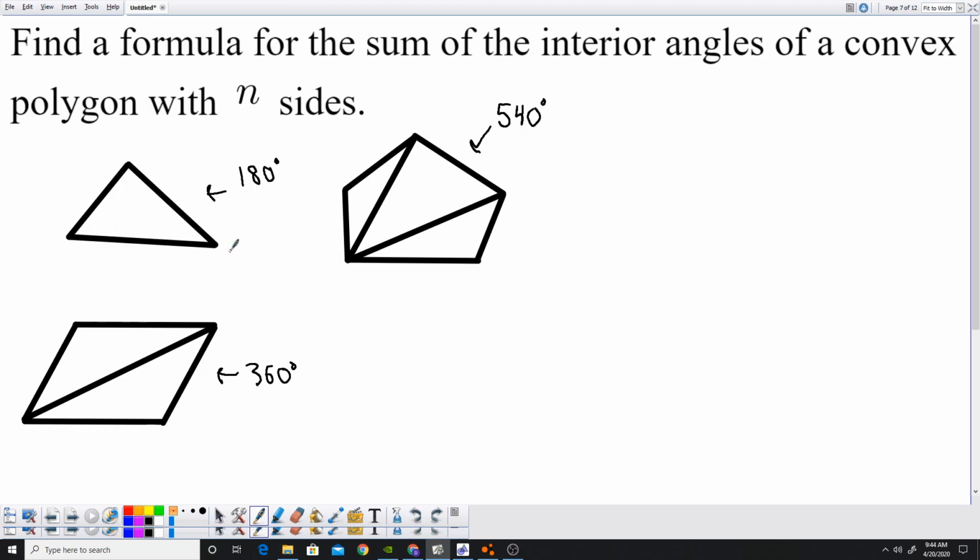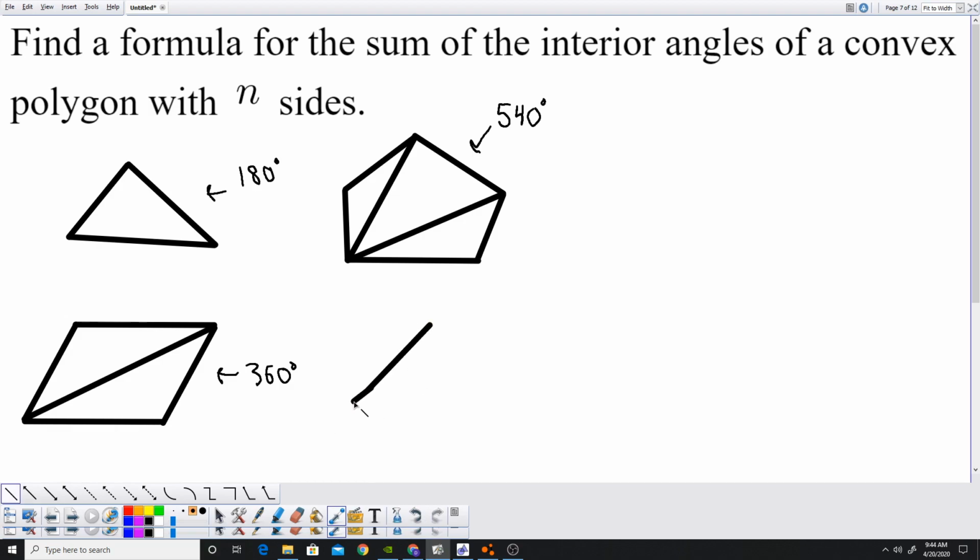The base polygon has 180. The next step up is 360. And if I add 180 with 360, we get 540. And we get another triangle in our figure. So let's do six sides. 1, 2, 3, 4, 5, and 6.